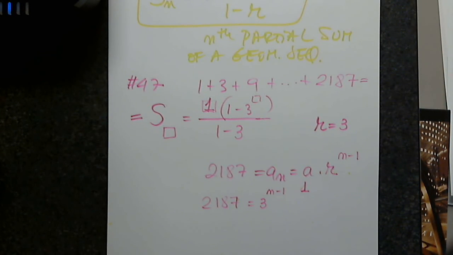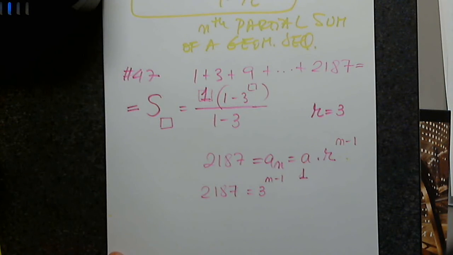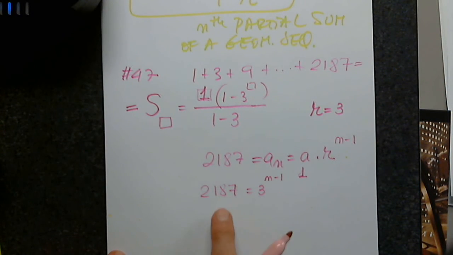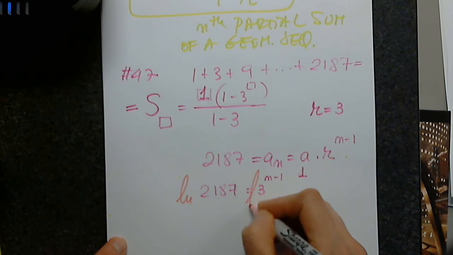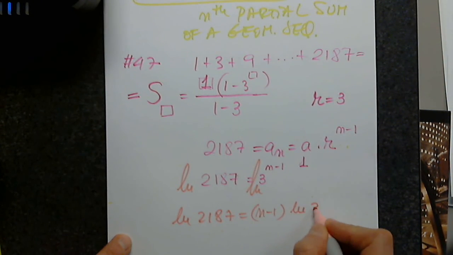What type of equation is this? Because we've seen it. How do I solve it? I can change this into 3 to some power, but it will take some time. Or I can say I don't need that. I have another option. Very good. Either one. So there I have natural log of 2187 equals N minus 1 natural log 3.